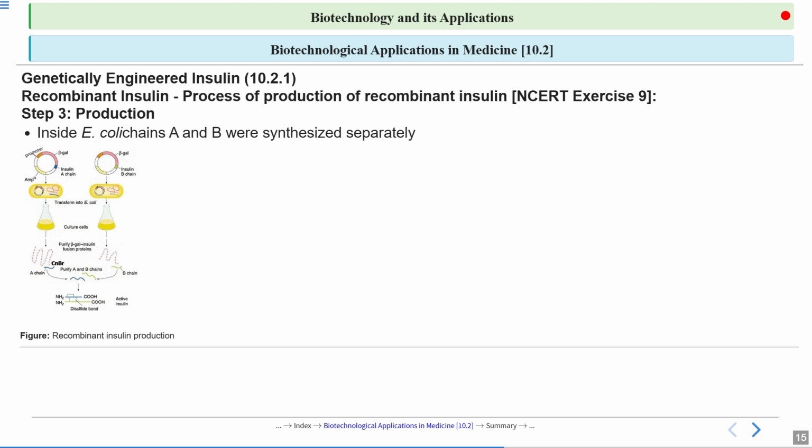Now this insulin is ready to be injected into the patient who needs it.